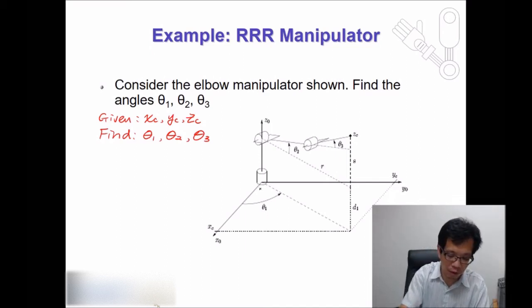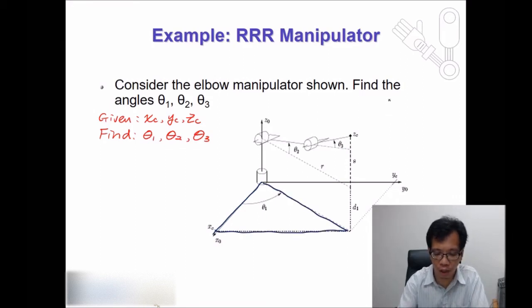So for theta 1 over here, what we're really looking at is this triangle. If you project this onto the xy plane, all we have is you draw a line and project that onto xc and onto yc.